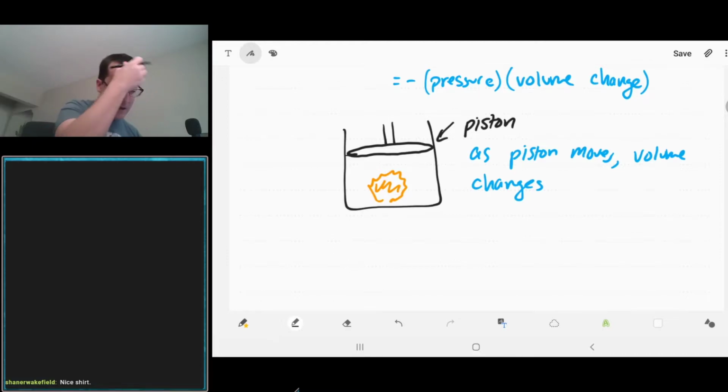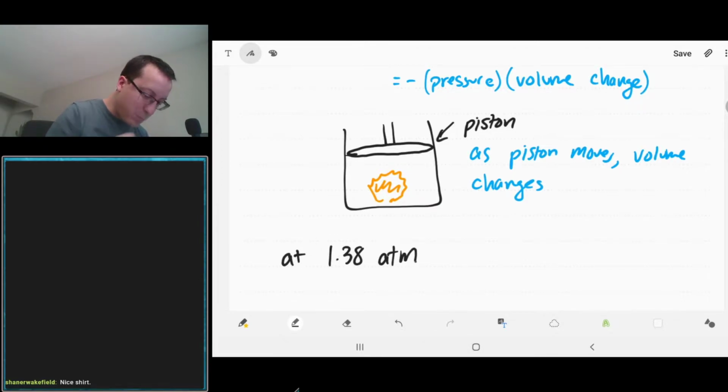So let's say we have a pressure of 1.38 atmospheres. That's a unit of pressure. We have a piston.